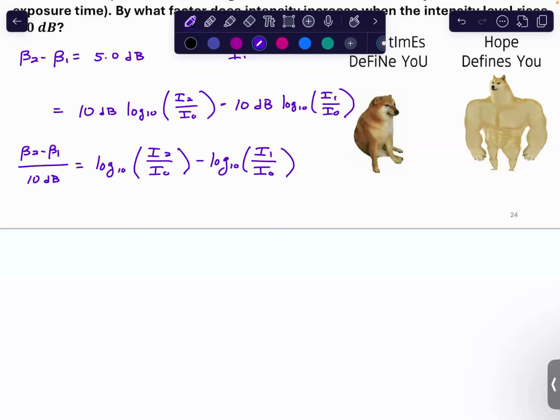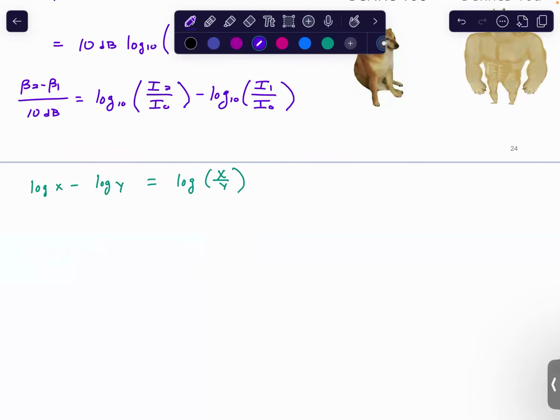So we have that. Do you remember what happens if I have log of X minus log of Y? How can I combine that? So that means that this is going to give us log of X over Y, which justifies the ratio we used for the last problem.